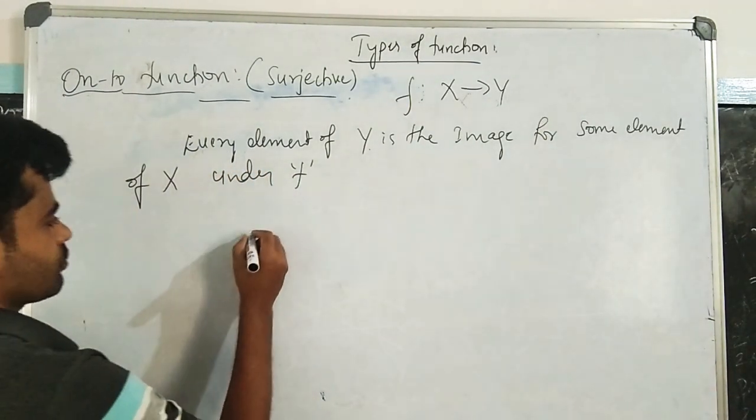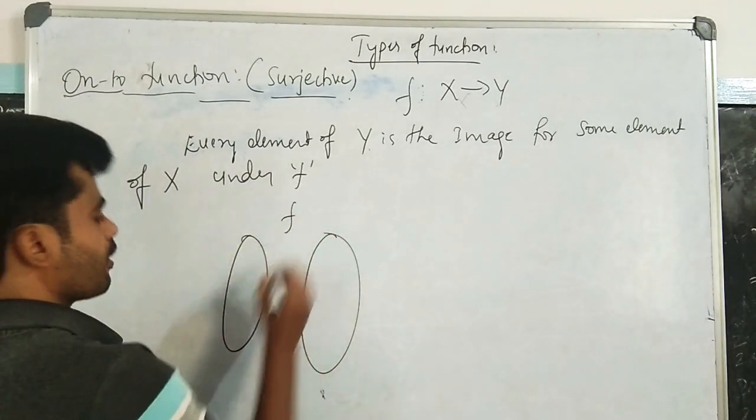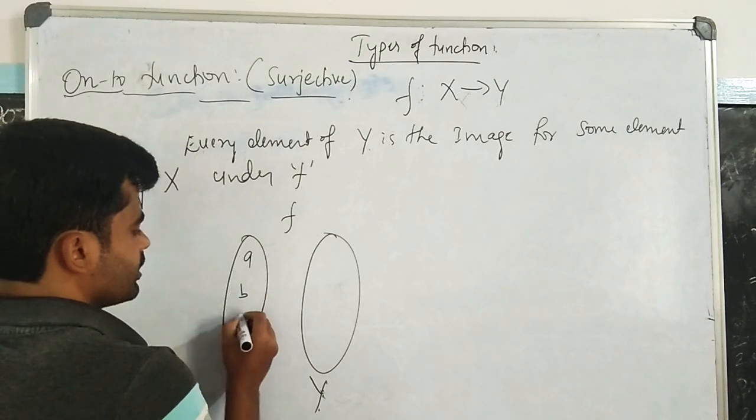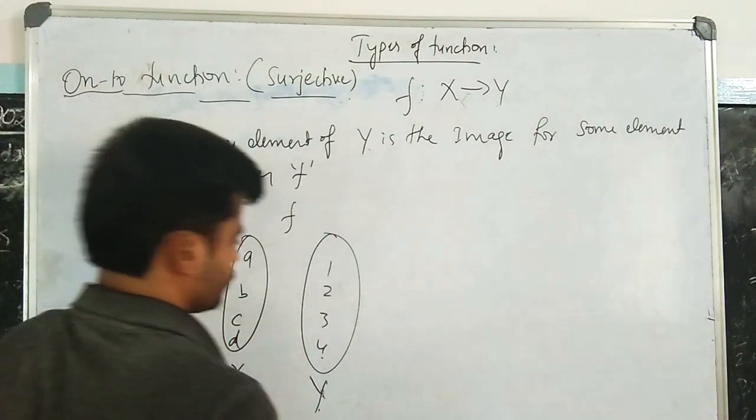Let me check. Function f from X to Y. Okay, I take A, B, C, D and 1, 2, 3, 4.